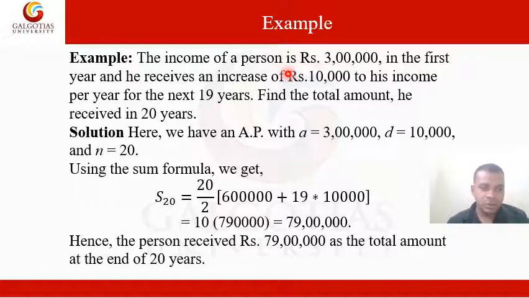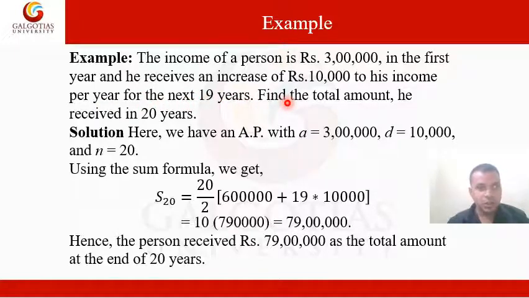Let's have some more good examples, like in a bank or in other places where mathematics works in a very good manner and in a very big application. The income of a person is 3 lakh rupees in the first year, and he receives an increment in his salary of 10,000 per year for the next 19 years.